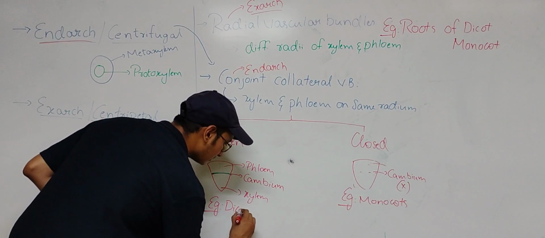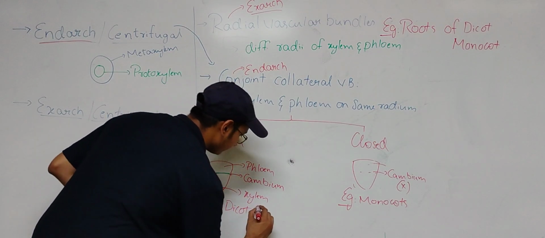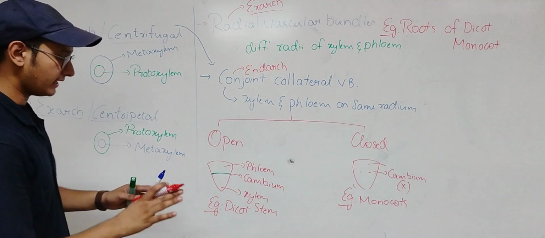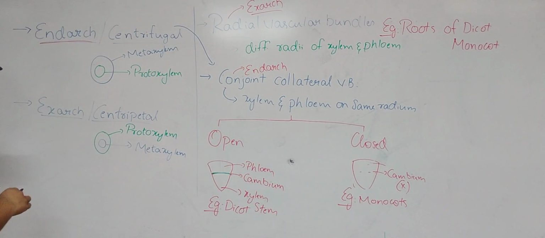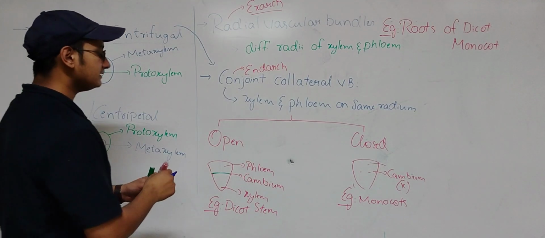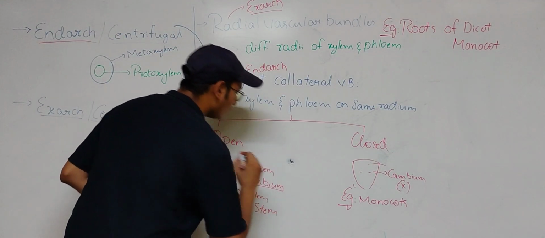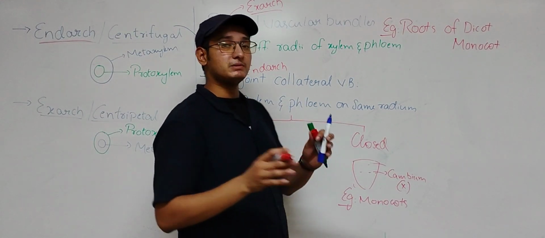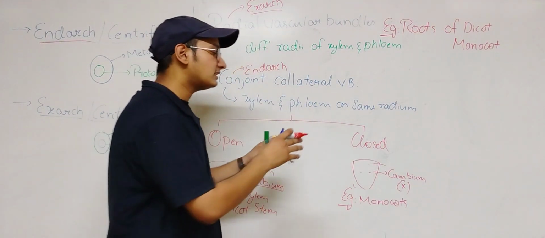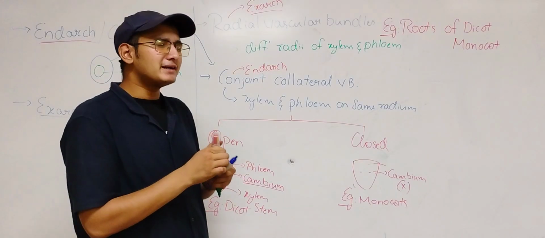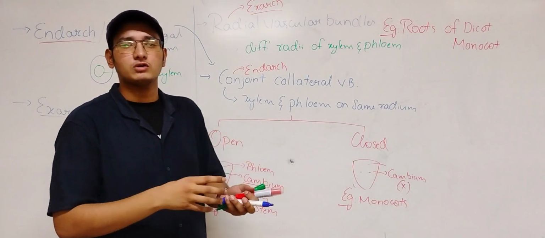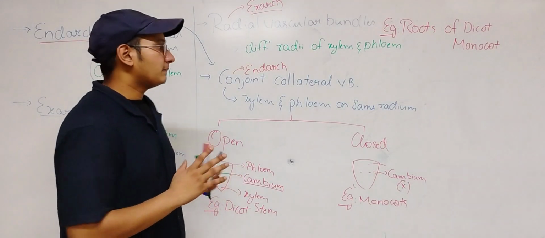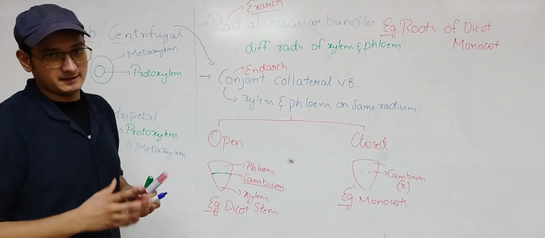Dicot stem, sorry, not root, dicot stem. So this is the reason why the dicot stem will have the secondary growth, and the monocot stem doesn't have secondary growth because they don't have cambium. So we will understand them when we talk about monocot stem, monocot root, and dicot stem and dicot root. So we will understand what these things are.